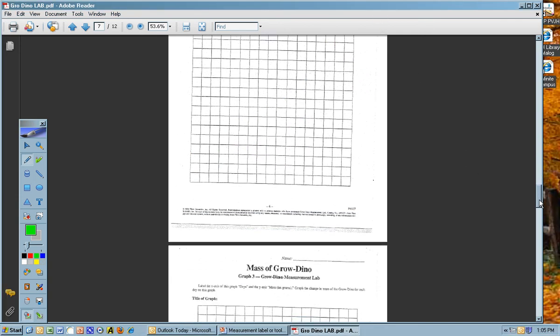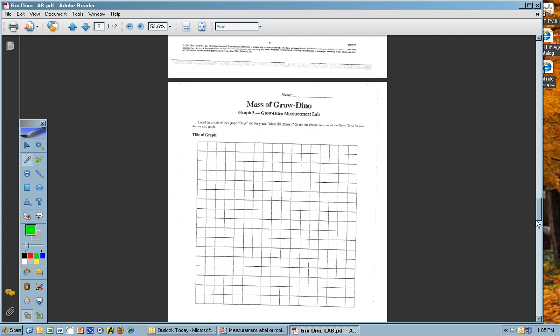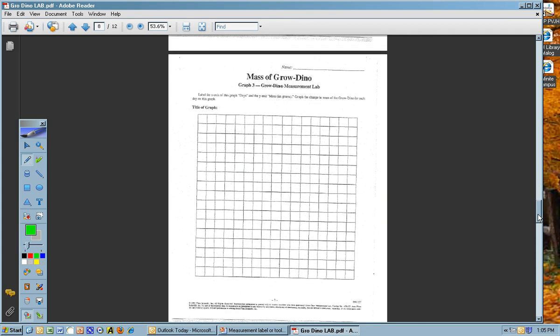The second graph follows the same rules, except that this graph is only going to have one thing. So again, when you're looking at it, if your biggest mass is 17 or less, you go up by 1s.